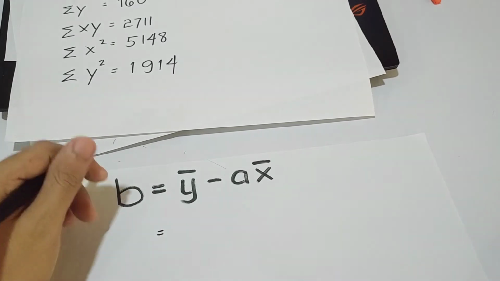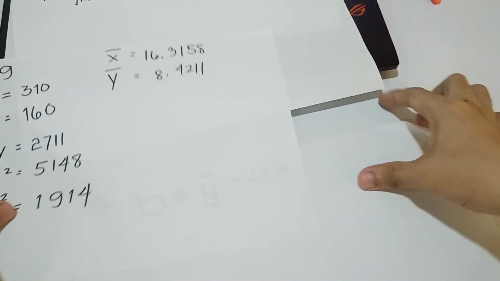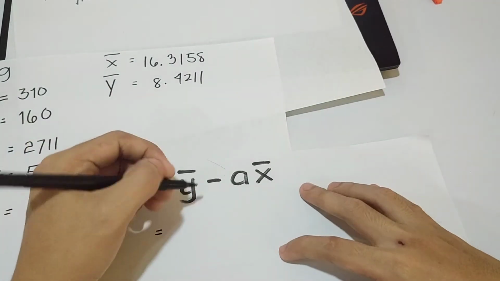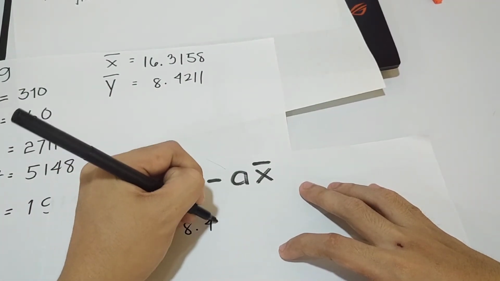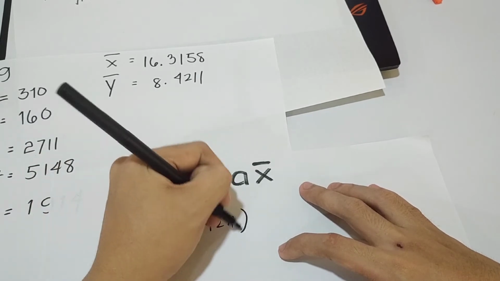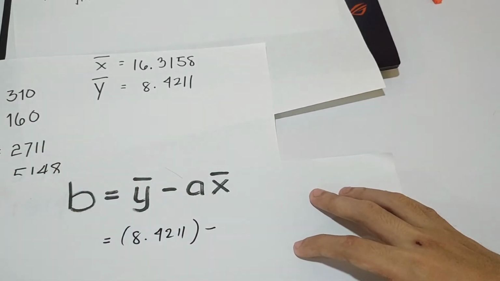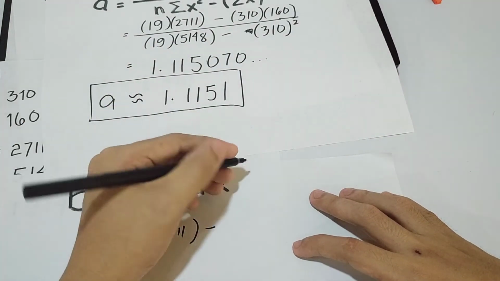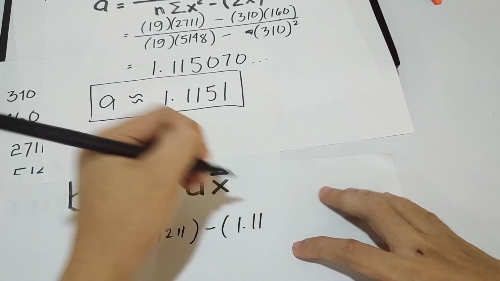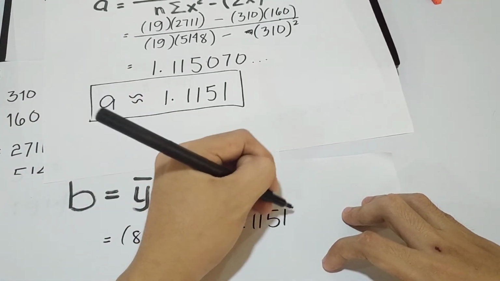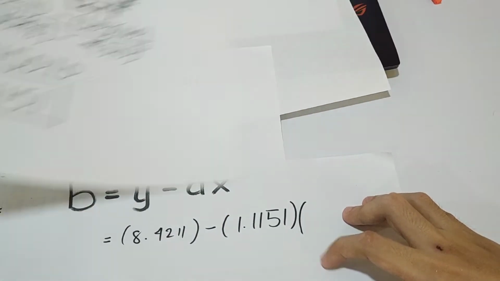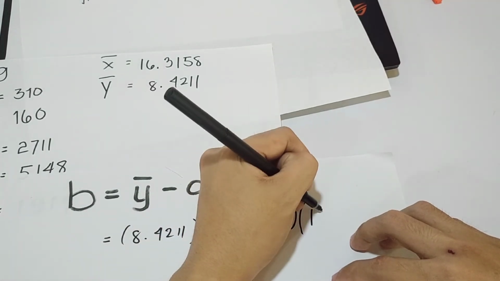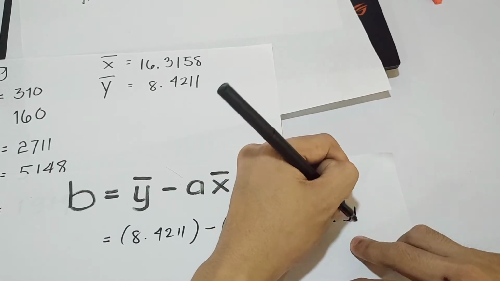So the average of y, which is 8.4211, subtracted by the product of a, since we know that the value of a is equal to 1.1151, multiplied by the value of our average x, which is 16.3158.